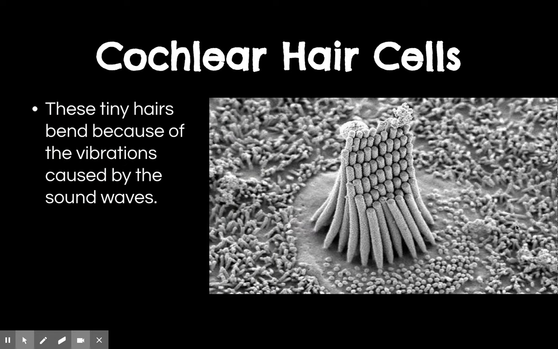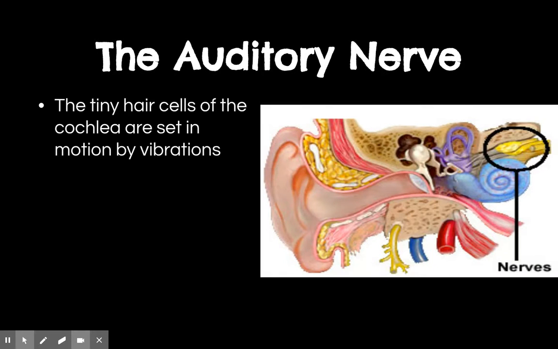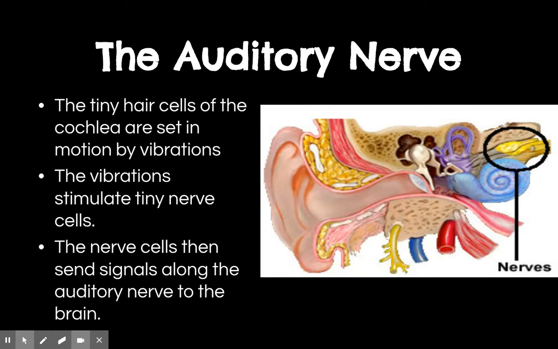The fluid is being pushed by the sound waves, and these are moved by the vibrations. Then they stimulate the nerve, and the nerve sends those signals to your brain, and your brain says, oh, that signal, that's a word.